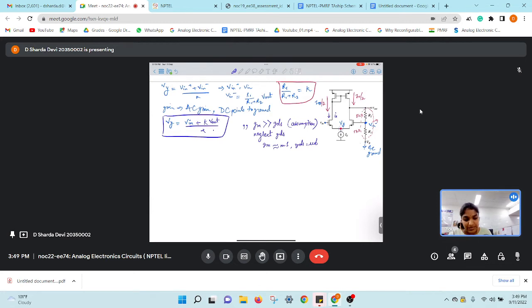So moving ahead, in general, how can we write the universal MOSFET current equation for the small signal model?